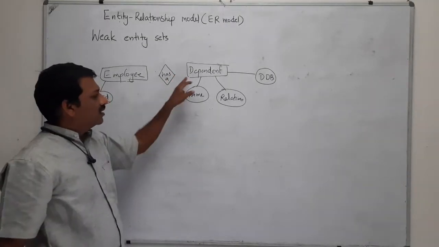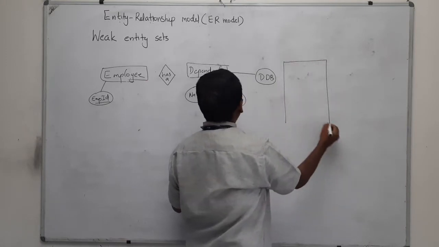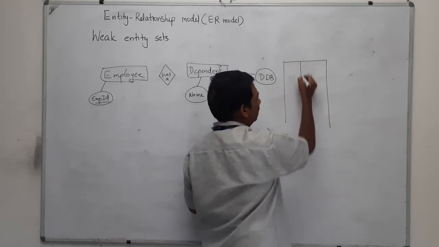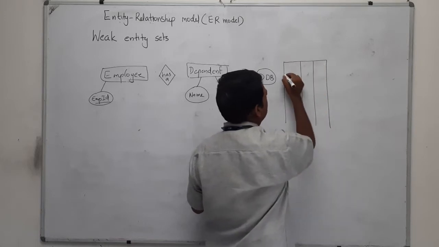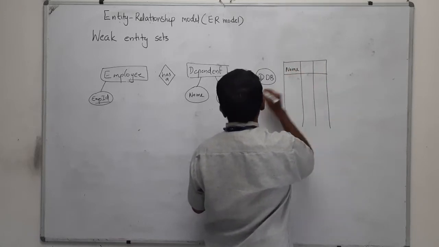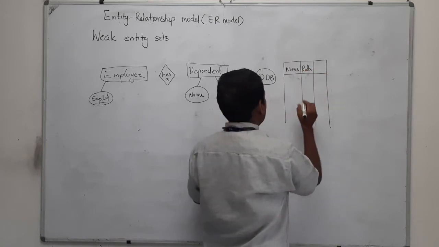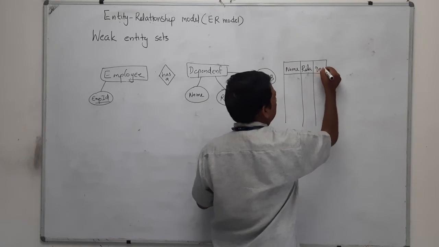And see here, suppose that I am going to have a table for this, and this dependent has dependent name, relation and date of birth.